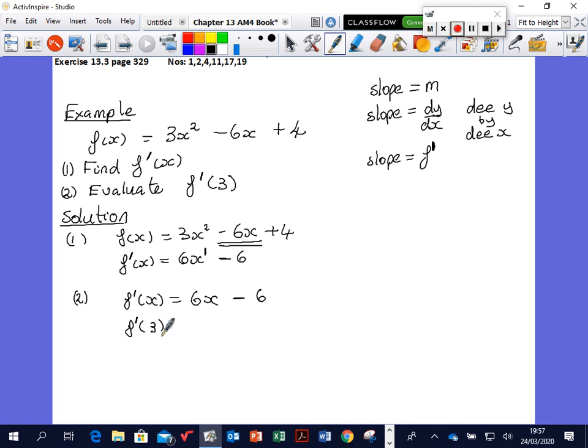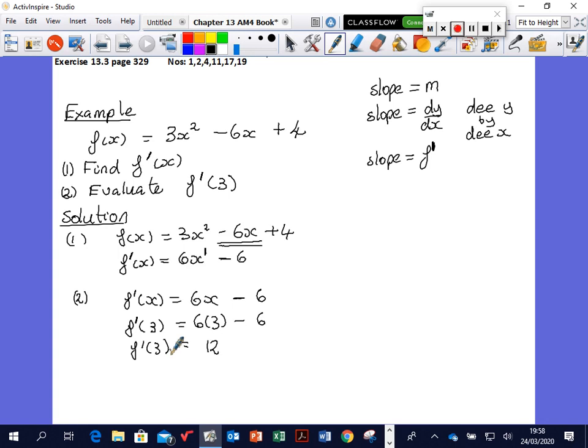It's fairly obvious when we place it and line it up underneath. What we're doing is replacing the x by the 3. So 6 on 3 using the empty bracket method. So 6 3s are 18. 18 take 6 is going to be 12. So f dashed 3 is equal to 12.